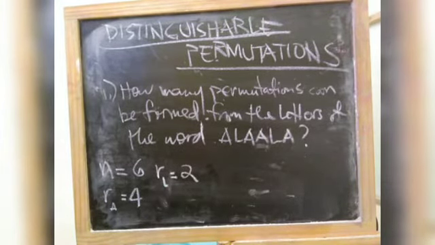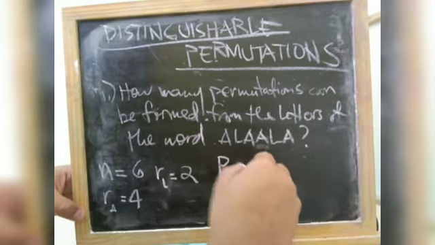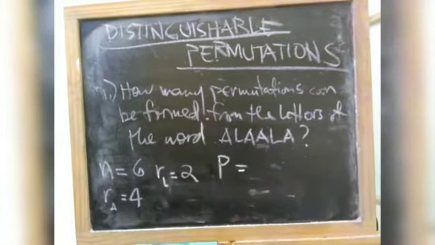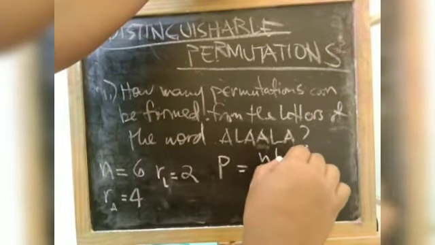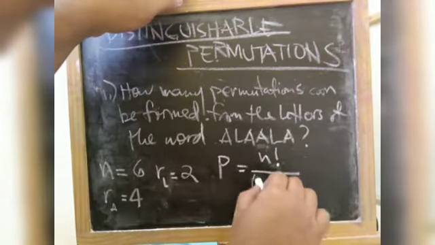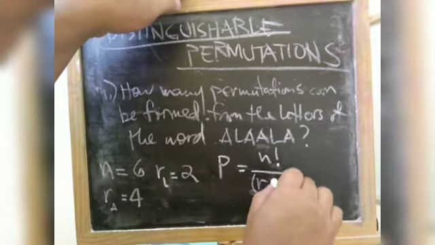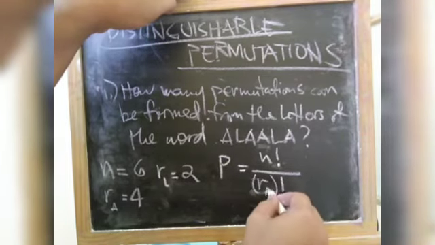Now, look at the permutation of this. We will not write numbers here, since it is not like our previous lesson. So, that would be n factorial over r sub a factorial, for the letter A.